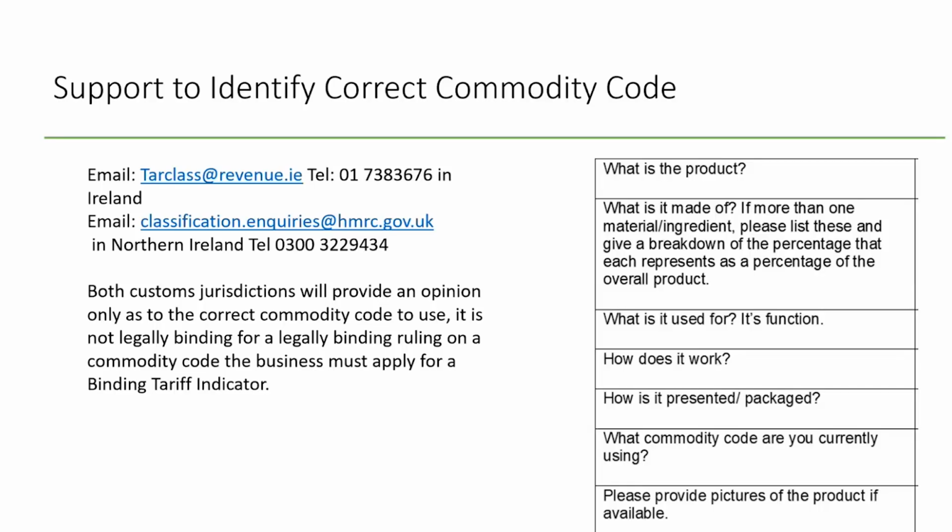So put a template together, or just put an email together, but answer these questions in that email and then send it, depending on which customs jurisdiction you're operating out of, to either tarclass@revenue.ie, or if you're based in Northern Ireland or in the UK, send it to classificationinquiries@hmrc.gov.uk, right? But answer those questions for your product, give them the commodity code you're currently using, and just ask them for an opinion on it.